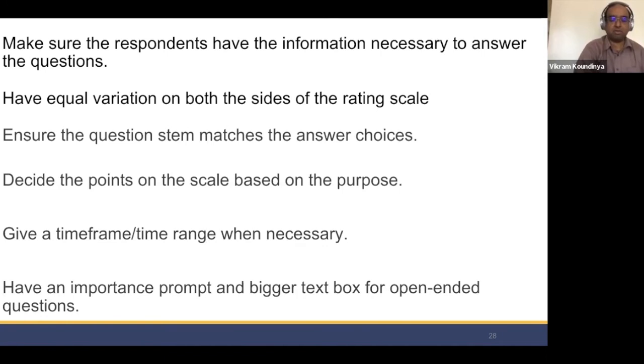They did an experimental study where they controlled all the variables and regressed the variables. And they saw that giving an importance prompt and a bigger text box resulted in more words in response to that question. I don't think any research has been done to see if there was any difference in the quality of responses, but definitely the number of words were more.